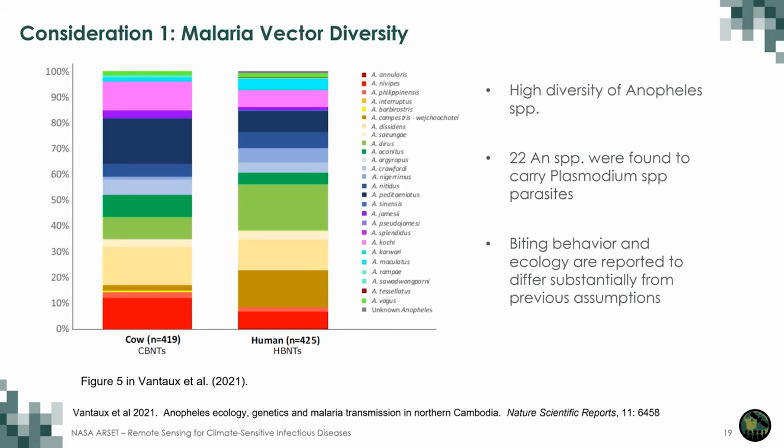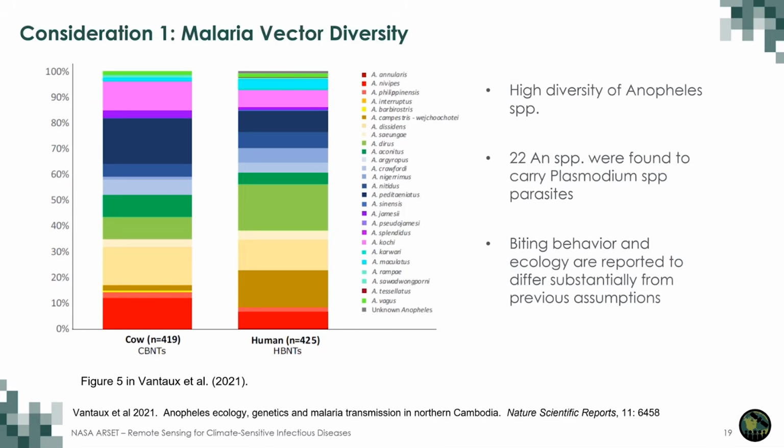To observe the vectors, the important start is to really think about what your vector situation is there. So for Myanmar, the first consideration is that malaria vector diversity in Myanmar is incredibly high.